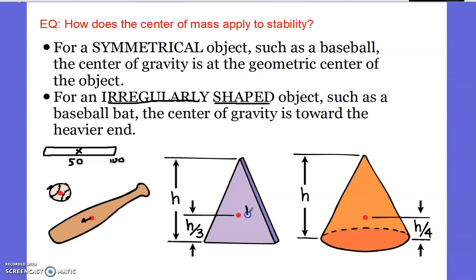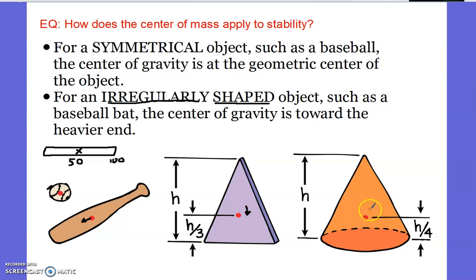Instead, it is shifted downward towards the bottom part, since more mass is on the bottom than is on the top. And again, this whole idea of center of gravity is saying that there is the same amount of mass below as there is above. There's the same amount of mass on the left as there is on the right.